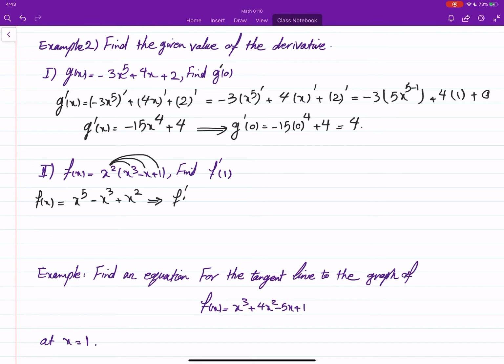Then what is f prime? Now that this is a polynomial, it is sums or differences of constant multiples of powers.